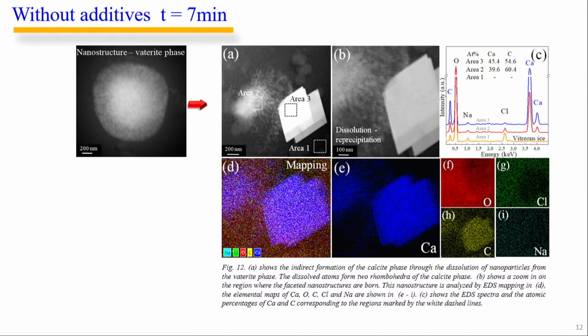This nanostructure is analyzed by EDS mapping in G. The element maps of calcium, oxygen, chlorine, and sodium are shown, along with the EDS spectrum and the atomic percentage of calcium and carbon corresponding to the regions marked by the white dashed lines.